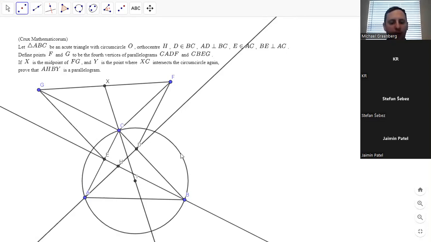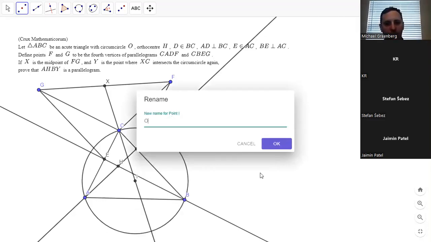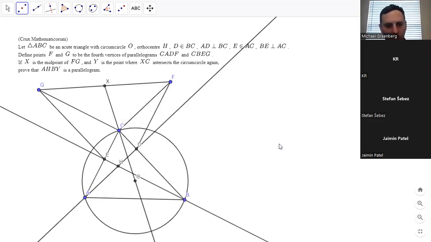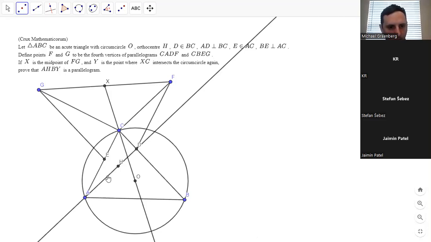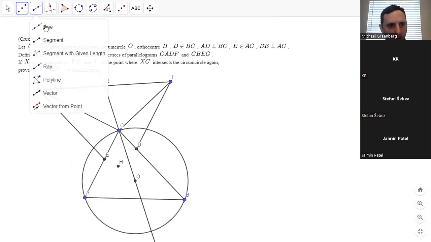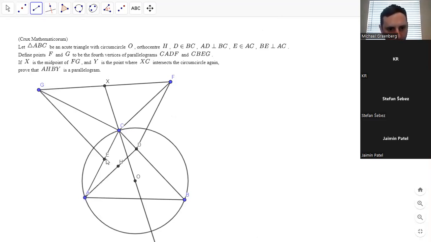Yeah, we need to show that it passes through the circumcenter. Let me call it O. So I'm going to hide this for now. We want to show X, C, and O are collinear.